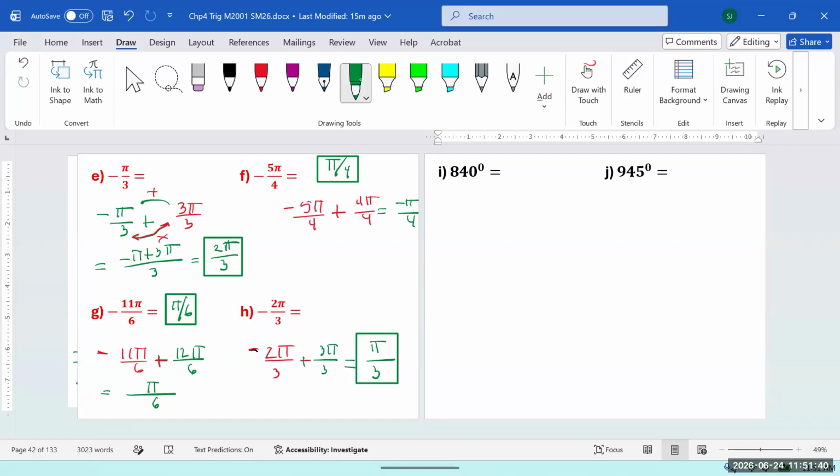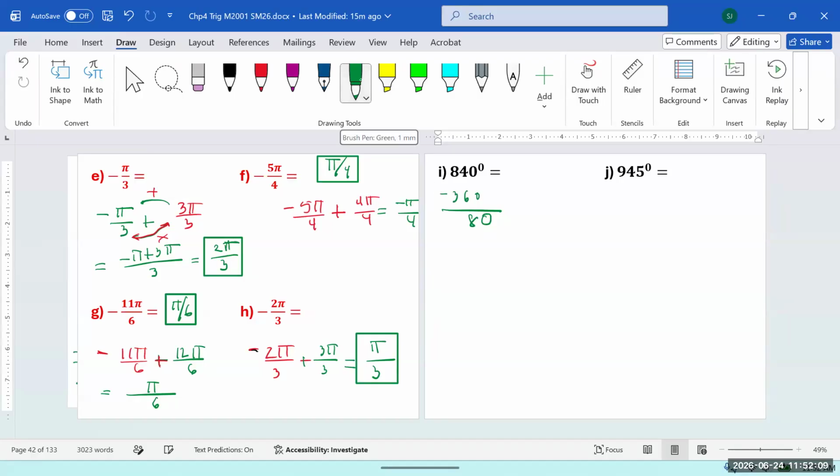Now we have something so big, 840. What do you think we should do for 840? Keep subtracting 360. We want to get an angle that is smaller than 360. So we subtract 360 once, minus 360. 0 minus 0 is 0. 14 minus 6 is 8.